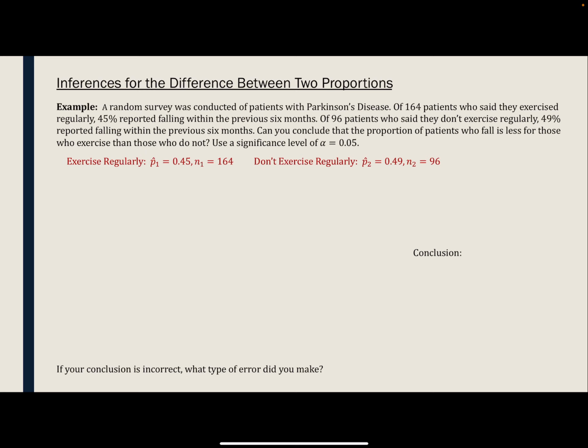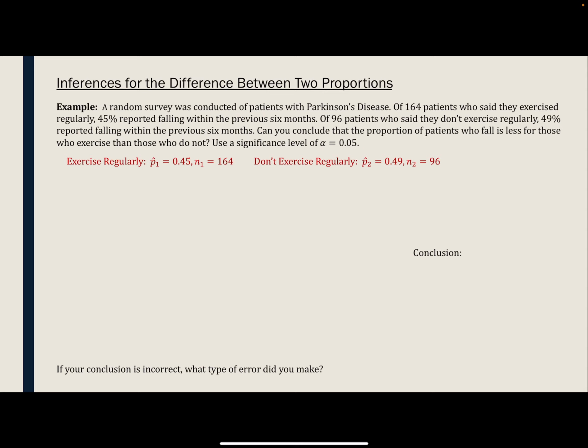So in this problem, a random survey was conducted of patients with Parkinson's disease. Of 164 patients who said they exercised regularly, 45% reported falling within the previous 6 months. Of 96 patients who said they don't exercise regularly, 49% reported falling within the previous 6 months.